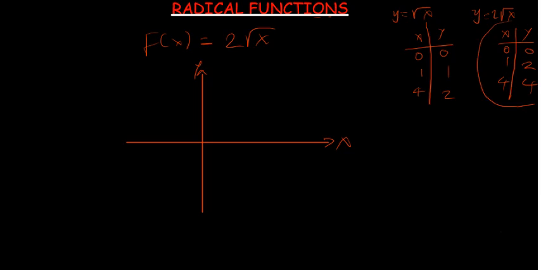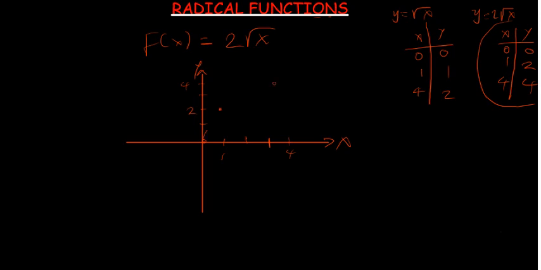We've got 0, 0, and then 1, 2. From 1, 2, we've got 4, 4. 1, 2, 3, that's 4 here, and then we've got a 4 there. So we've got this point and also that point.